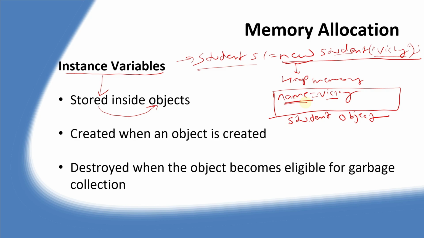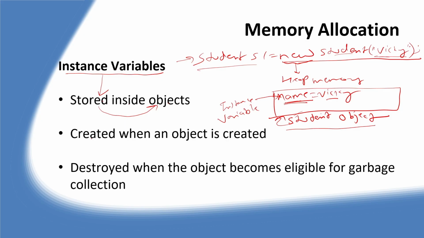Will be residing inside the student object. This is the student object, and inside student object we have the instance variable. Okay, the name is instance variable. So instance variables are stored inside objects.